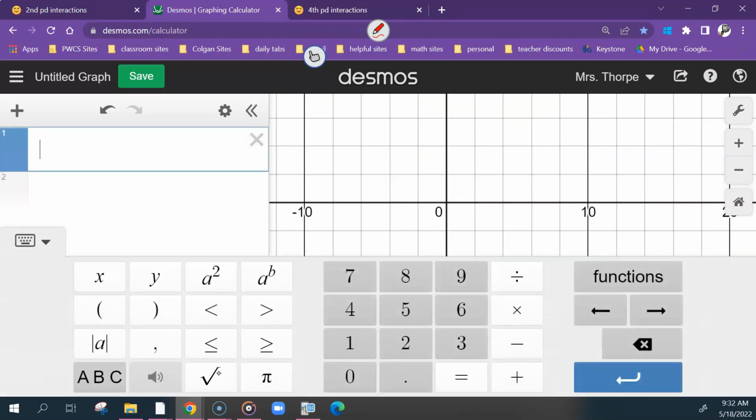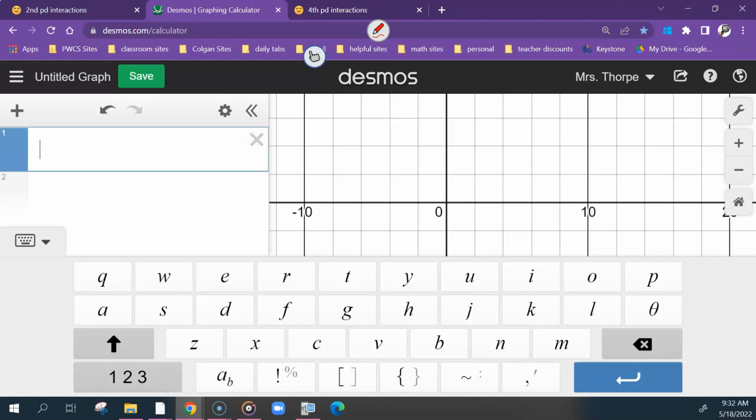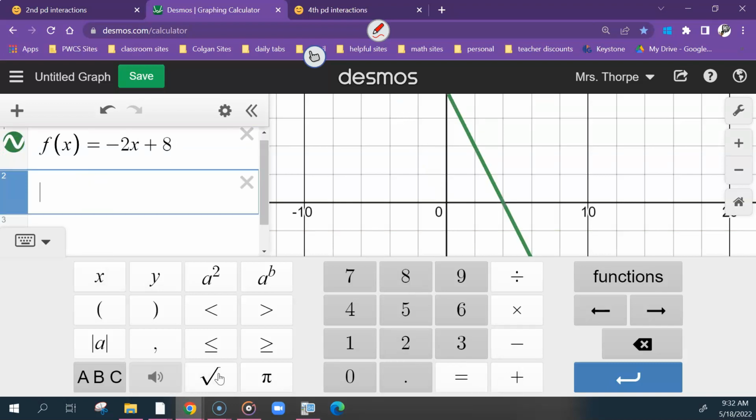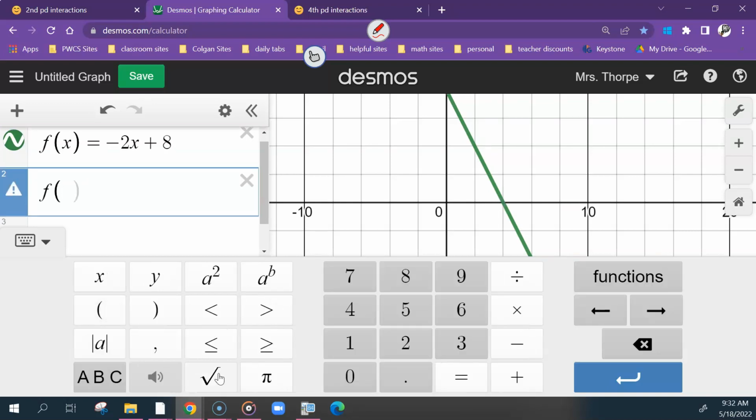So for 10, if I put in f of x equals negative 2x plus 8, and then in the next line I would do f of 5, and it would give me my answer, negative 2. You could also put 5 in for this x and it would do the same thing.